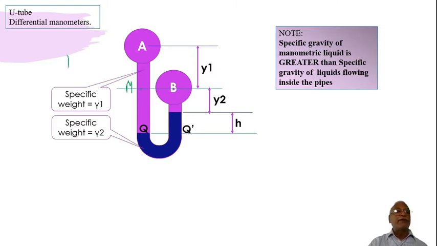Mind it, pressure at M is not equal to Pb. Why? The reason is, though they are of the same liquid, it is not a continuous fluid medium.